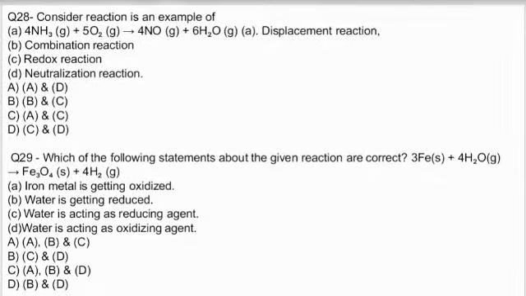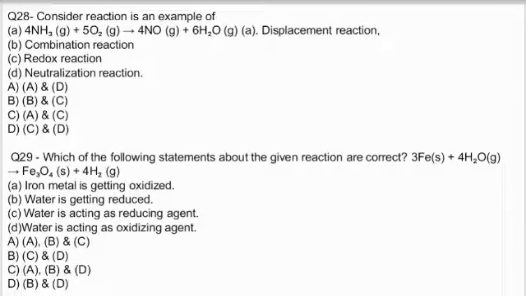The next question. Consider the reaction 4NH3 plus 5O2 gives 4NO plus 6H2O. It is an example of: A. displacement reaction, B. combination reaction, C. redox reaction, D. neutralization reaction.